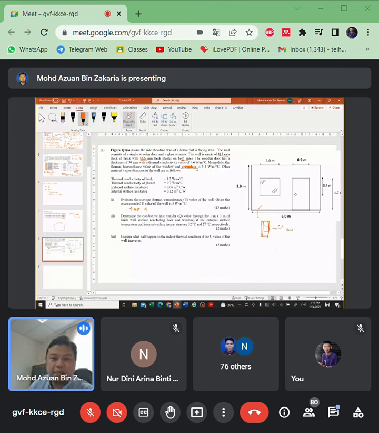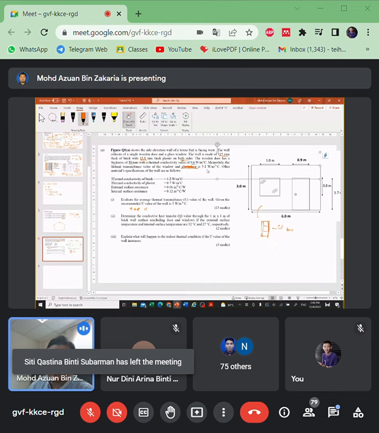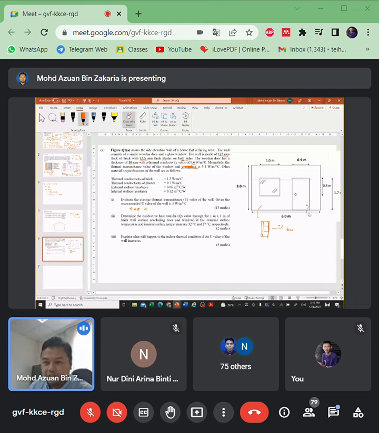At the same time, the wooden door has a thickness of 50 with thermal conductivity of 0.6. So the wooden door is also given thermal properties, and we have to find the U door. Then the thermal transmittance value of the window is a U value, already given as 5.1.